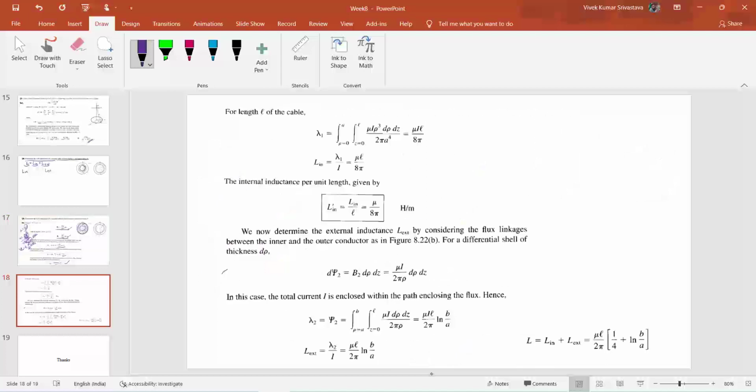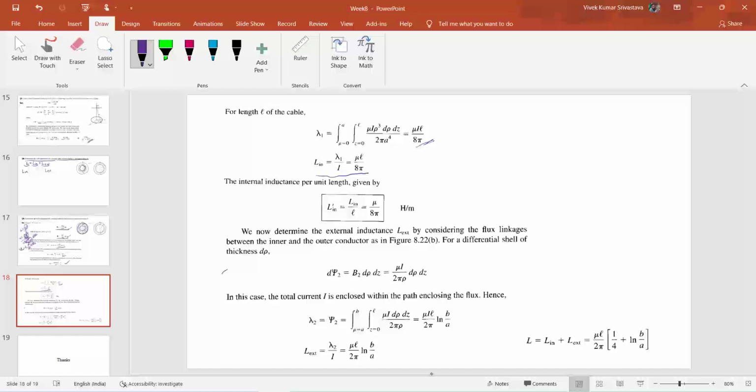Once you integrate this expression, you will find the flux passing through the inner conductor is mu naught I l over 8 pi. The inductance linked in the inner conductor is defined as flux over current, which equals mu l over 8 pi.